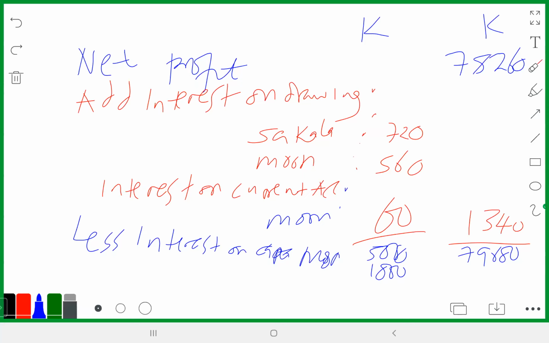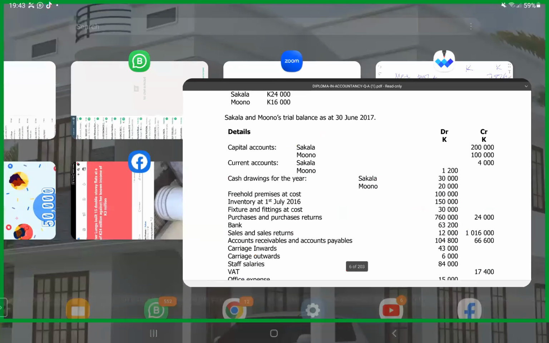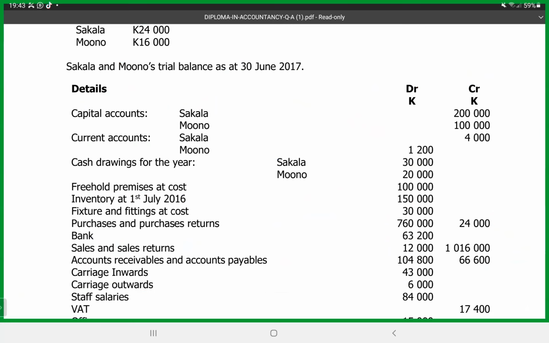So we have lessed the capital account. We have not yet lessed the interest on current account for Sakala.